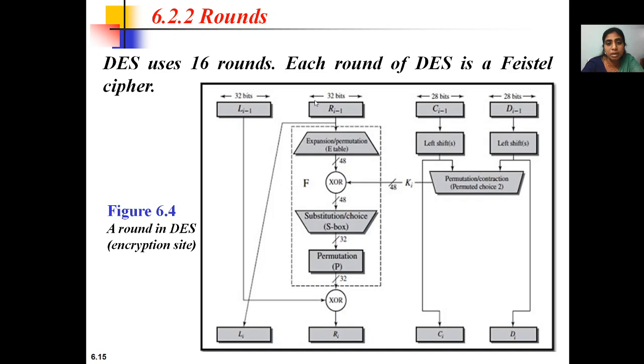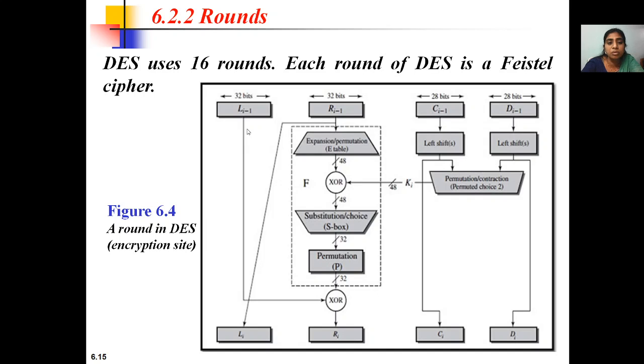You can see here we divide the left bits as well as the right bits. The right bits are given to the round function.